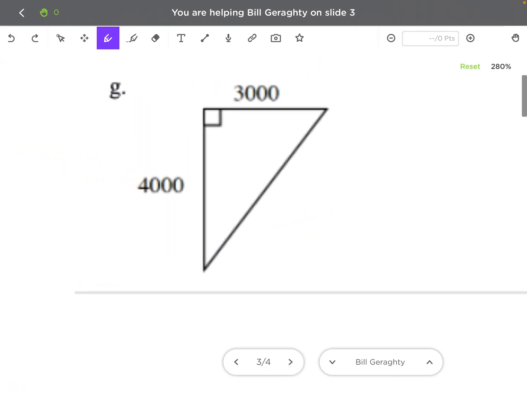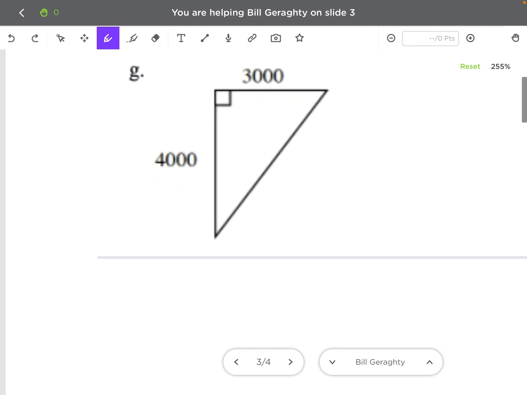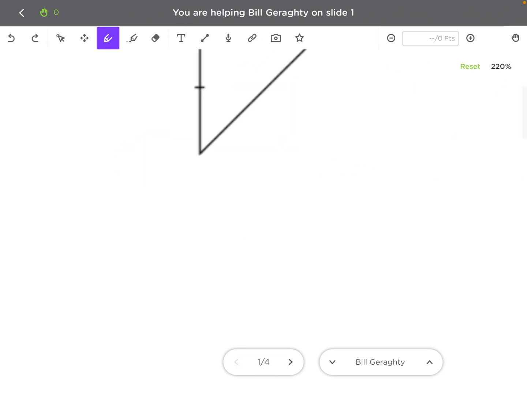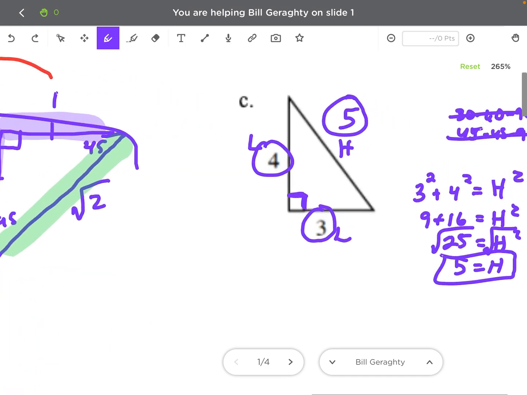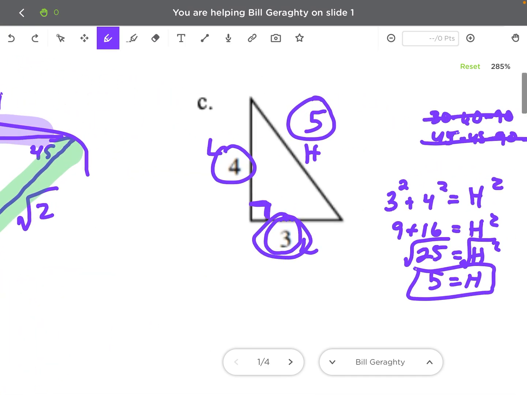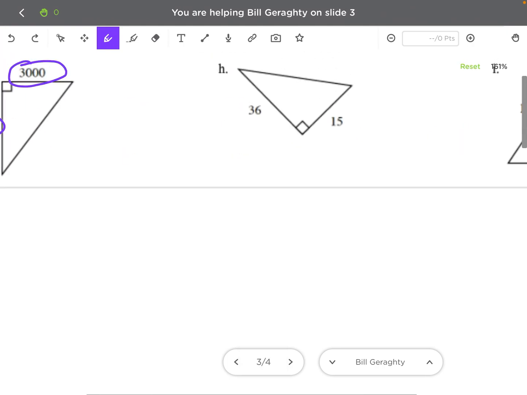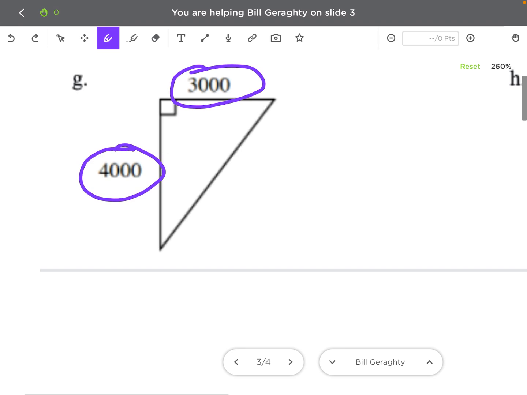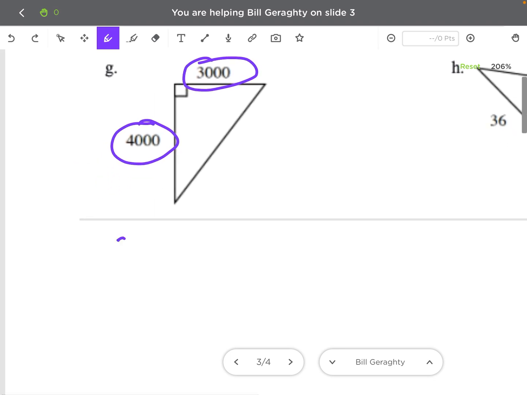Okay, last 3 problems. Now these look like some really big numbers, but I'm also seeing this almost looks identical to the one that I did on page 1, right? So that first one I did on page 1 was 3, 4, and 5. And I'm looking at this problem, and this is 3,000, 4,000, and I feel like I kind of know what this is.